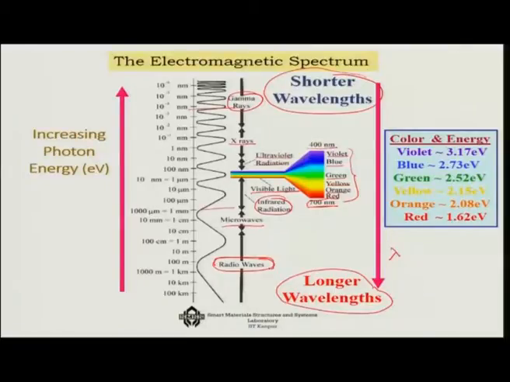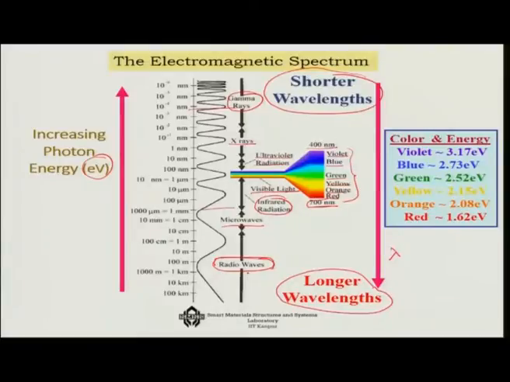What it means is that those having the shorter wavelengths, like the gamma rays, have the highest energy in terms of electron volts, and then gradually as the wavelength increases, the energy reduces and the radio wave has the lowest amount of energy.